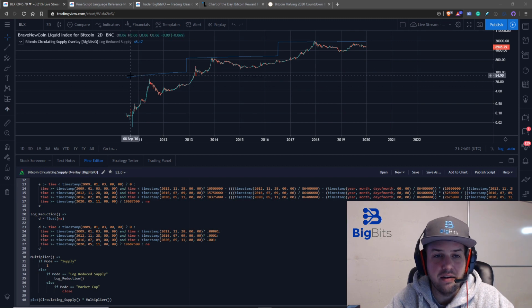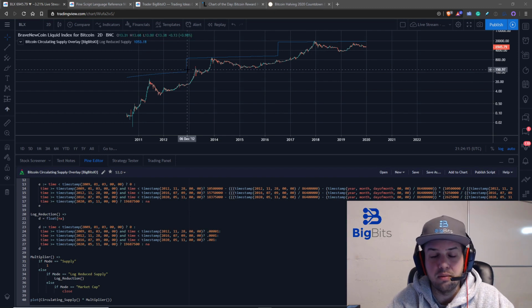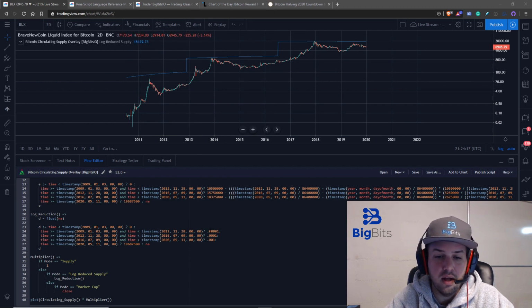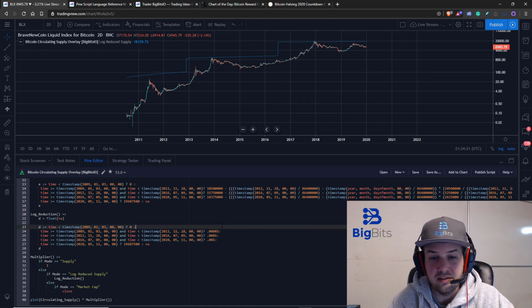So during the first halving, we wanted to reduce it quite a bit. I mean, the price was really low back then, so it had to be reduced substantially to make it in line with the prices at that time. So on the log scale, it was 5 decimal places, 0.0001 is what we multiplied the supply by.